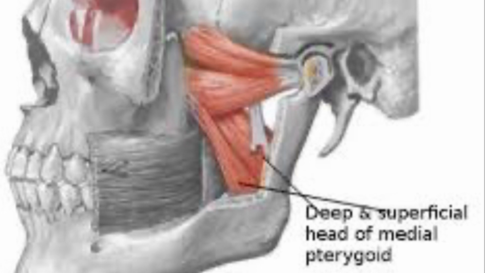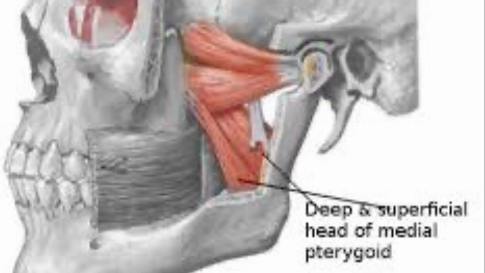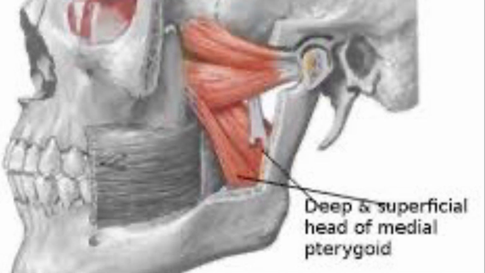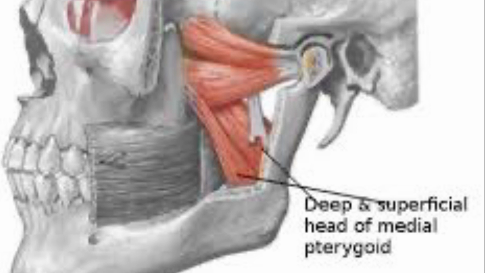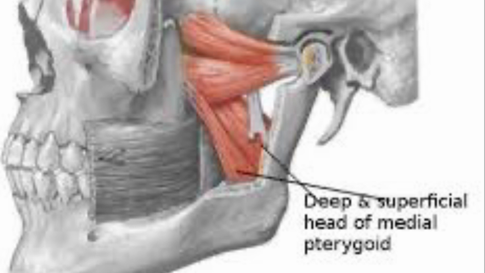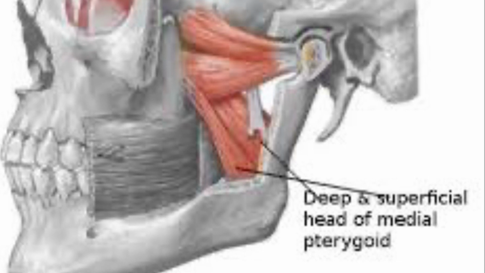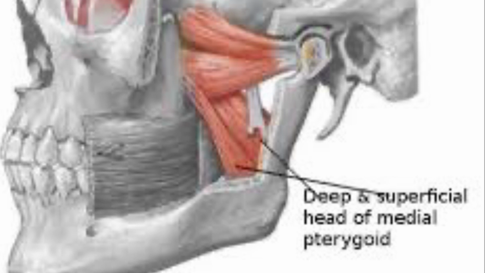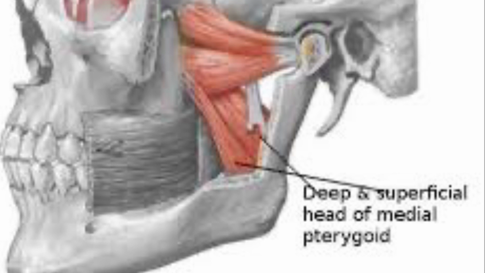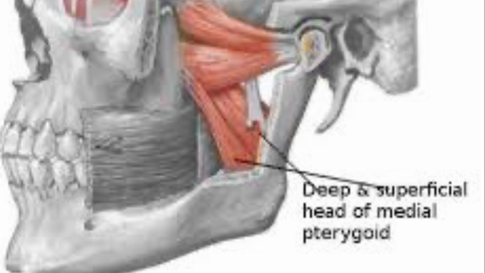Both parts descend posterolaterally and insert onto the triangular impression found on the medial surface of the ramus and angle of the mandible. The fibers are attached by a strong tendinous lamina that extends from the inferior alveolar foramen, that is the mandibular foramen, superiorly to the mylohyoid groove anteroinferiorly.